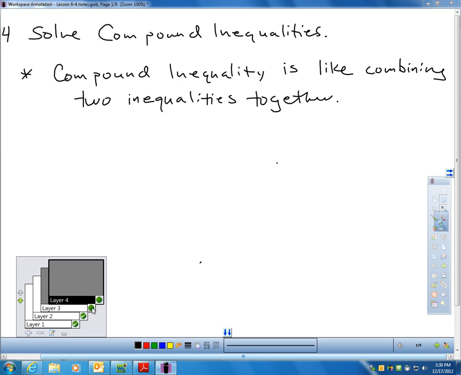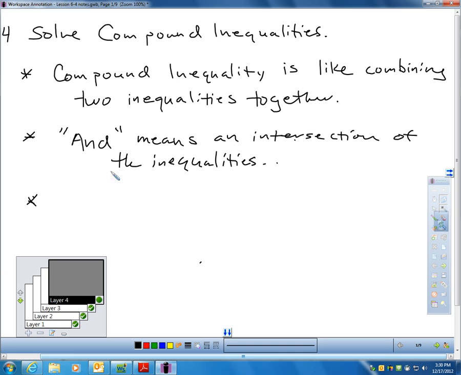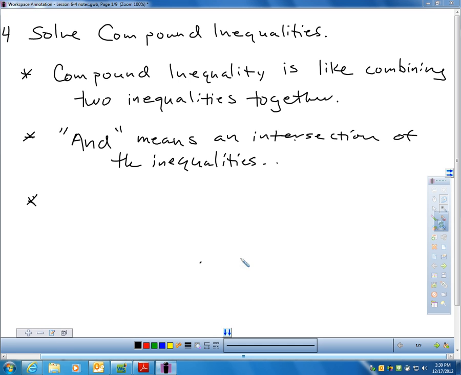Now, there are two ways we can combine them, and there are words that indicate how. The word "and" means the intersection of the inequalities. Remember, an intersection is what they only have in common. Earlier in the year, we were working with Venn diagrams, and I know that was a sore spot for some of us.